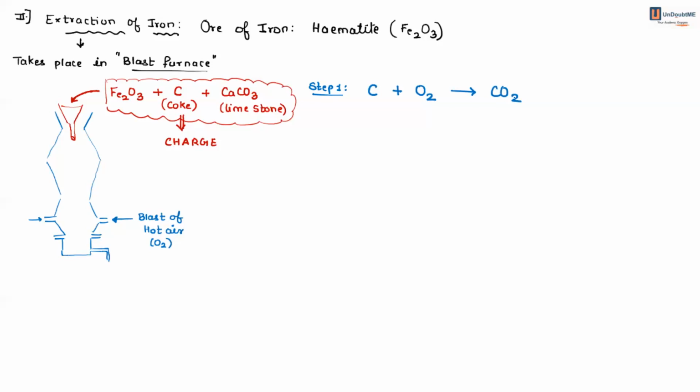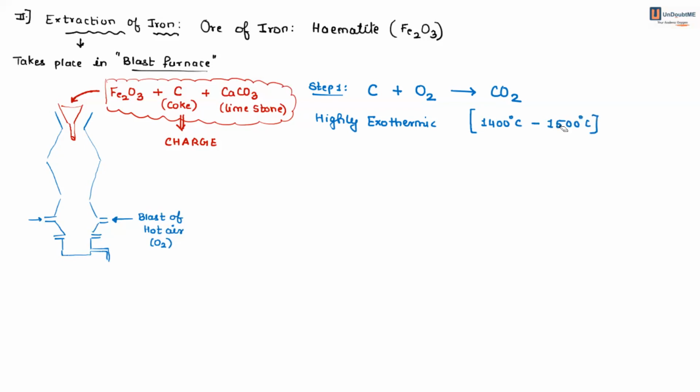So carbon reacting with oxygen produces carbon dioxide, and this reaction is highly exothermic, as a lot of heat energy is produced. The temperature at which this takes place is 1400 degrees Celsius to 1500 degrees Celsius.